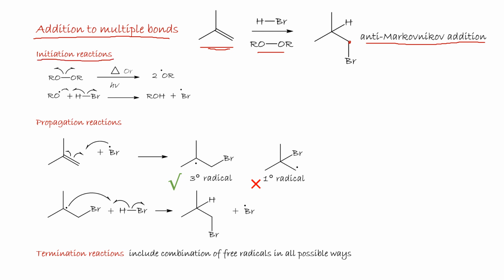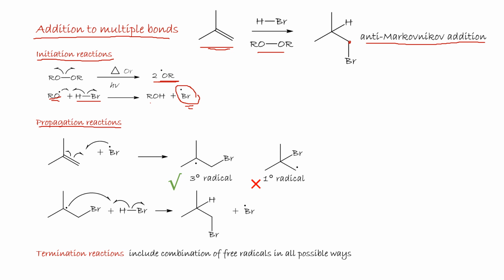Initiation reaction: the peroxide, by heat or light, undergoes homolytic fission to give OR radical. OR radical with HBr will form alcohol, ROH, and Br radical. This is the initiation step.